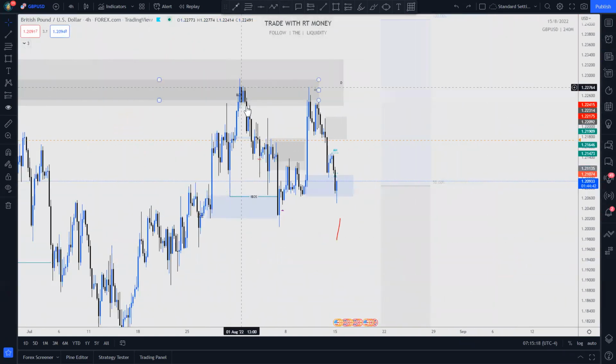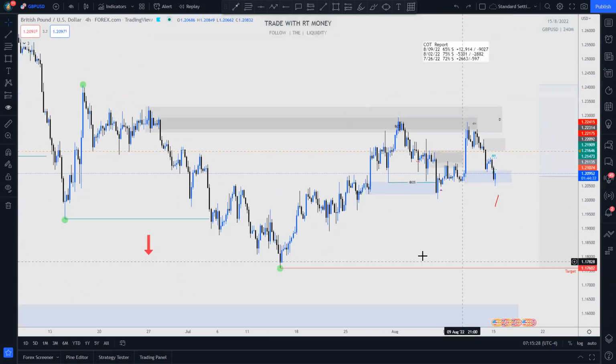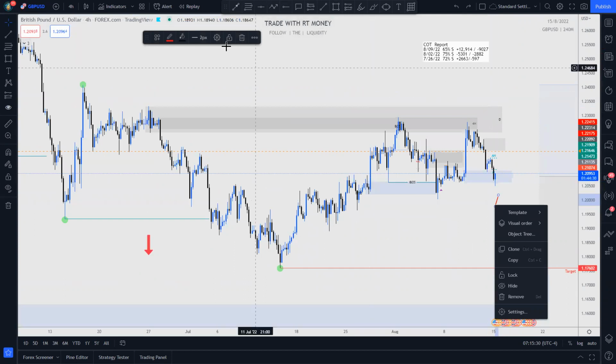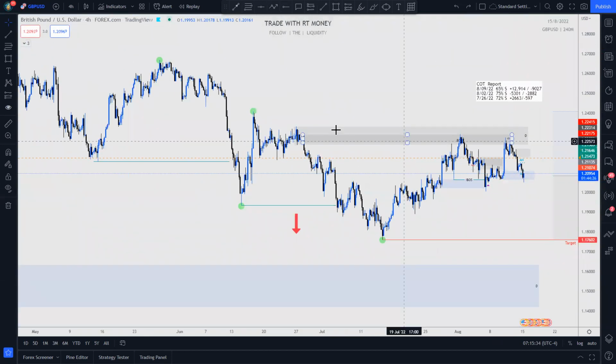We have price pulling up on the 4-hour structure. We see that we're making higher highs and higher lows. But why is price pulling up in this situation? That's the question you should always ask.